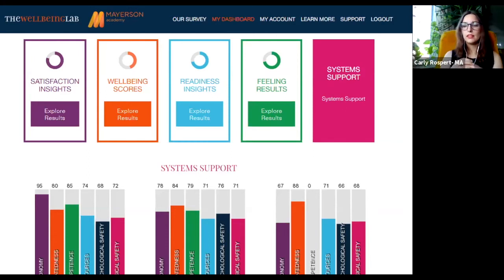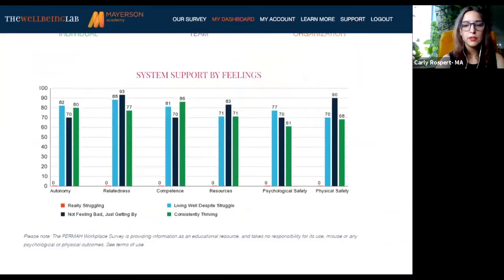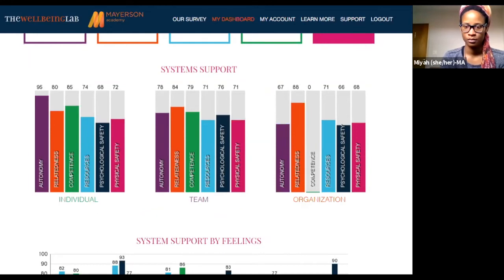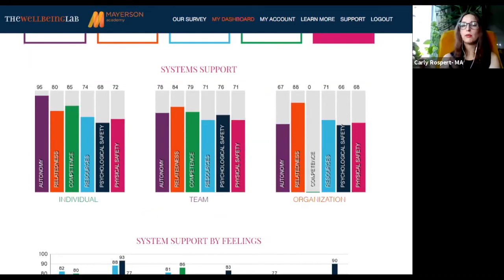Maybe that's really clearly divided in your organization, or maybe it's the 5 to 10 people that you work with most often on a regular basis. But if we go to the individual, team, and organization here, that team score actually does represent everyone within your organization, how they feel about their team. So it's not actually divided up into team.